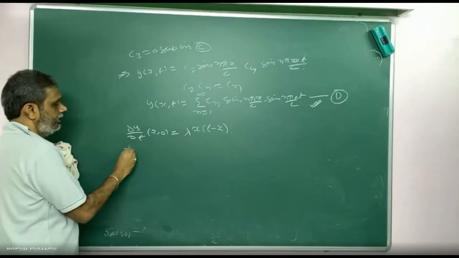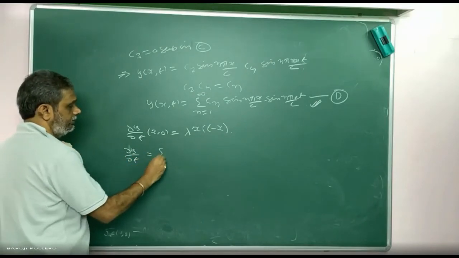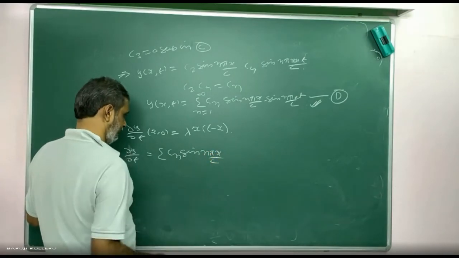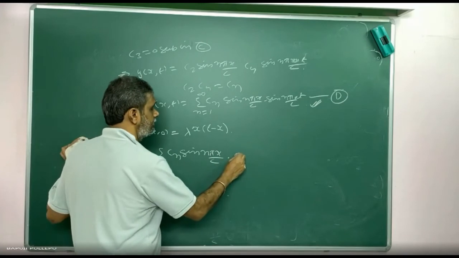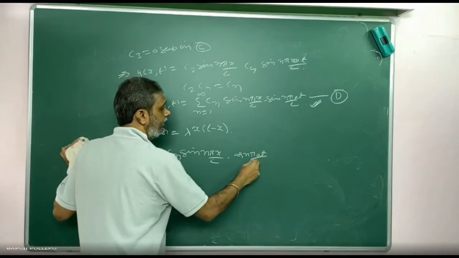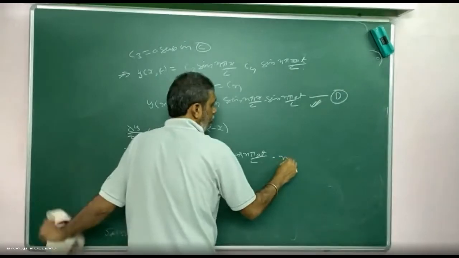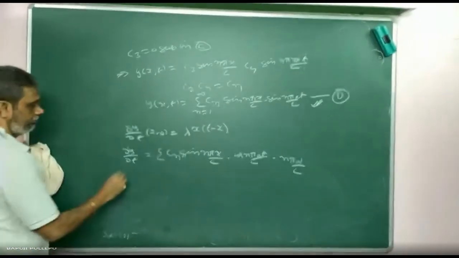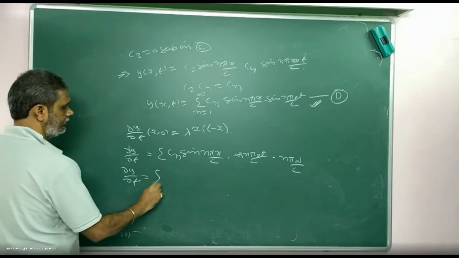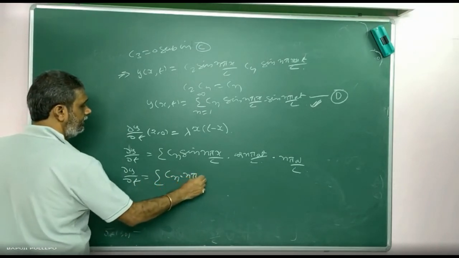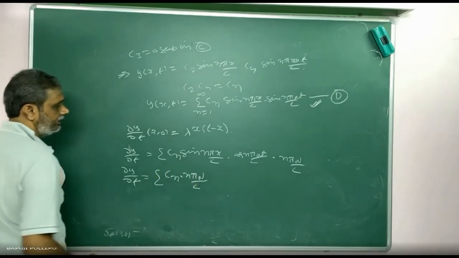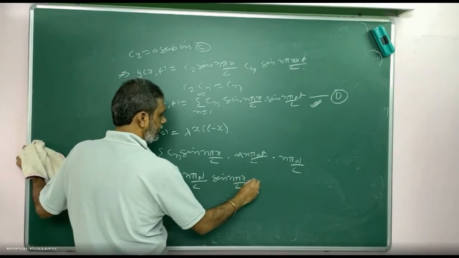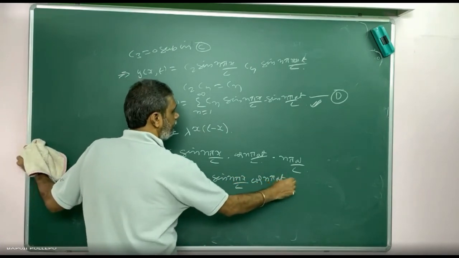Differentiate first. ∂y/∂t is equal to sigma Cn sin(n pi x by L) cos(n pi a t by L) into n pi a by L. This term, one extra term, we will get actually.